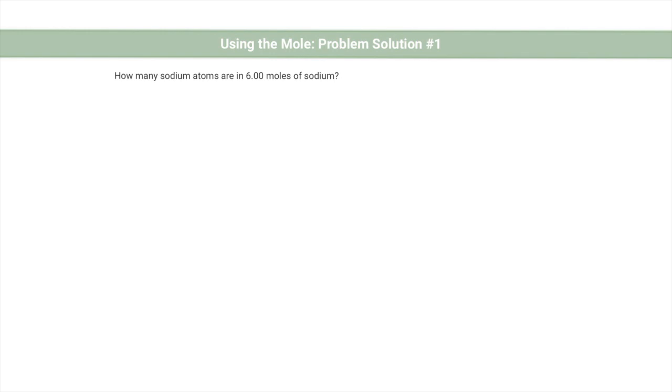Remember, it's always a good idea to ask ourselves what we're converting from and what we're converting to. In this case, we're asked how many atoms, so that's where we're going to. And what we're converting from, therefore, is moles.